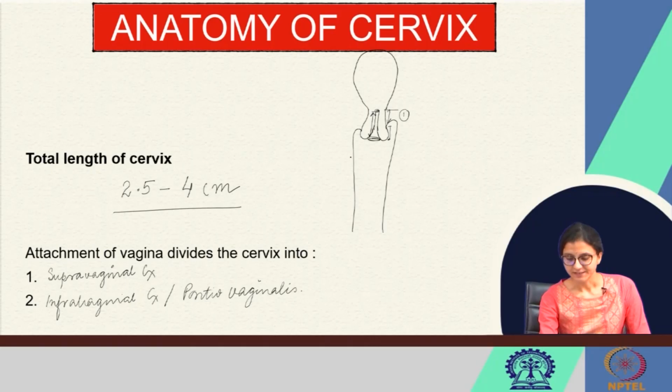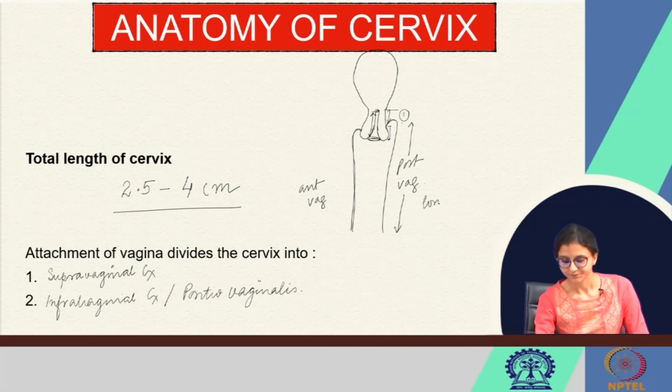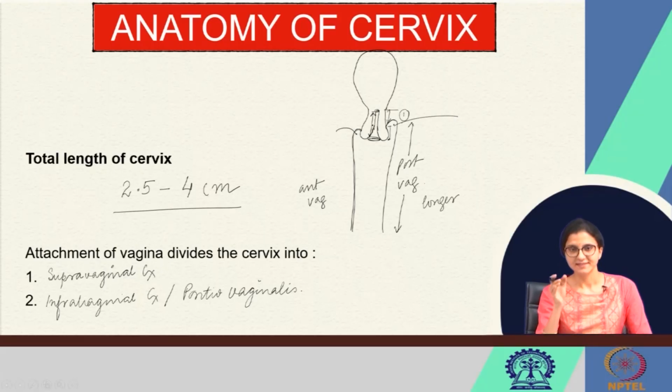Another point here is this is the anterior vaginal wall, the posterior vaginal wall, and we can see that the posterior vaginal wall is longer, right. These are the fornices: anterior fornix, posterior fornix, and on the sides the two lateral fornices.